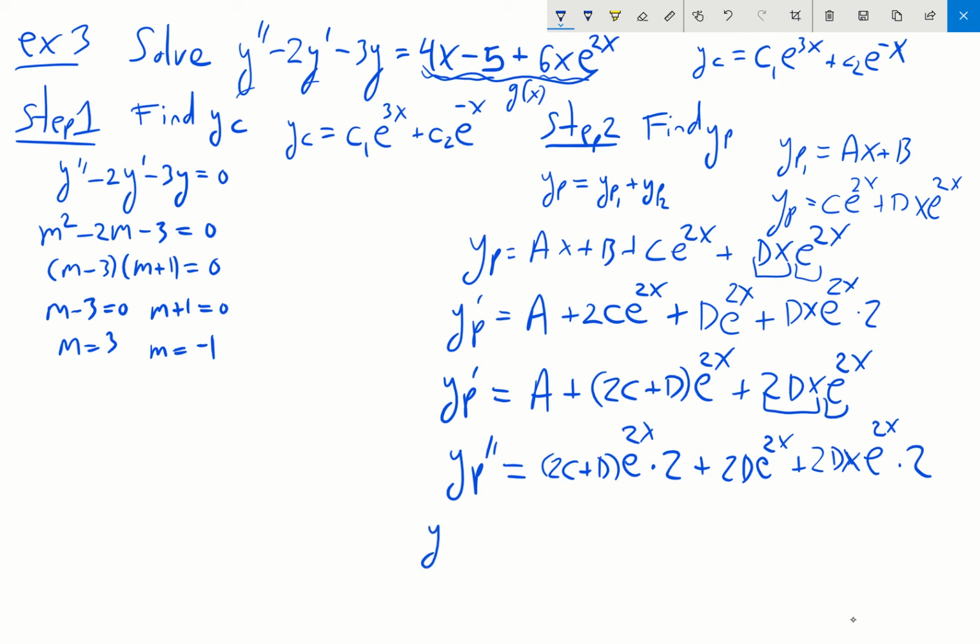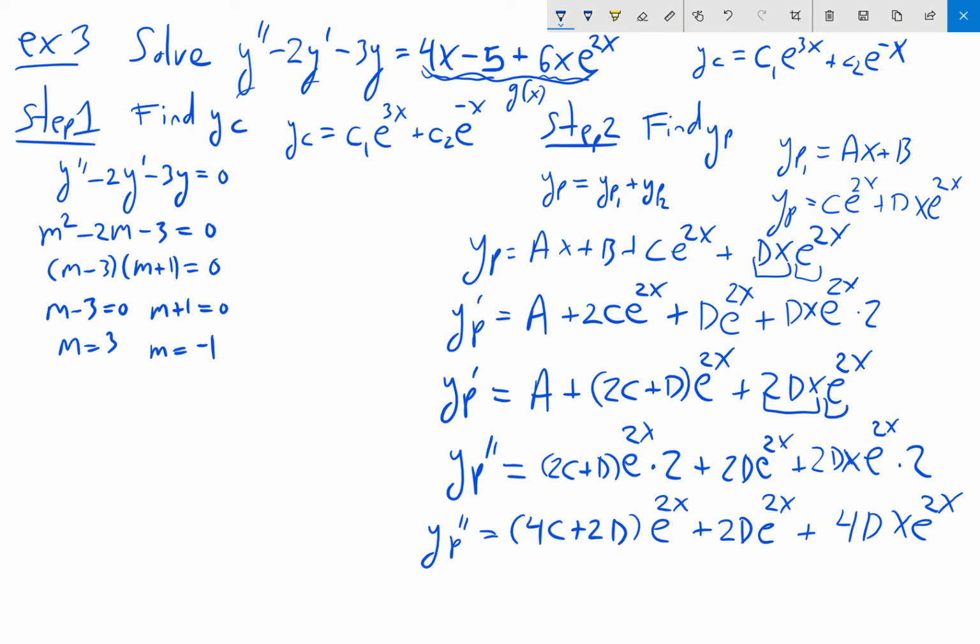So we have the following. y p double prime is equal to, I'm going to distribute the 2 in here. That gives us a 4c plus 2d e to the 2x. This is a plus 2d e to the 2x plus 4dx e to the 2x.